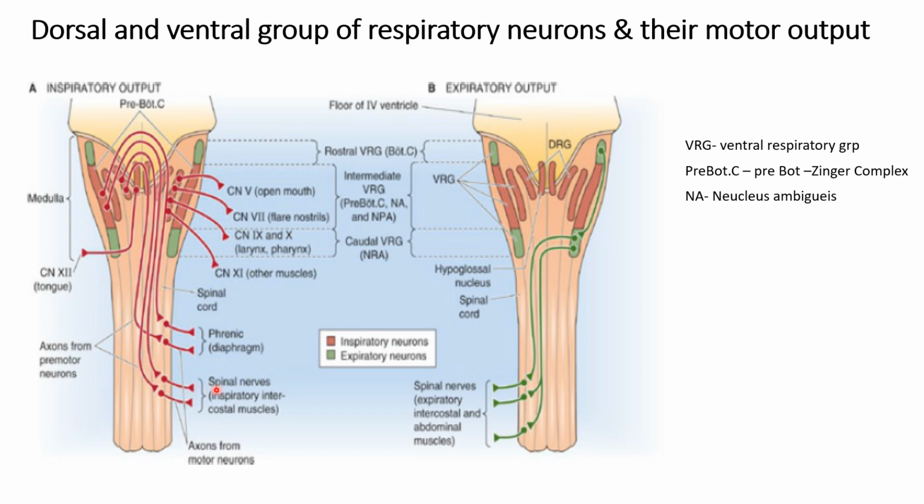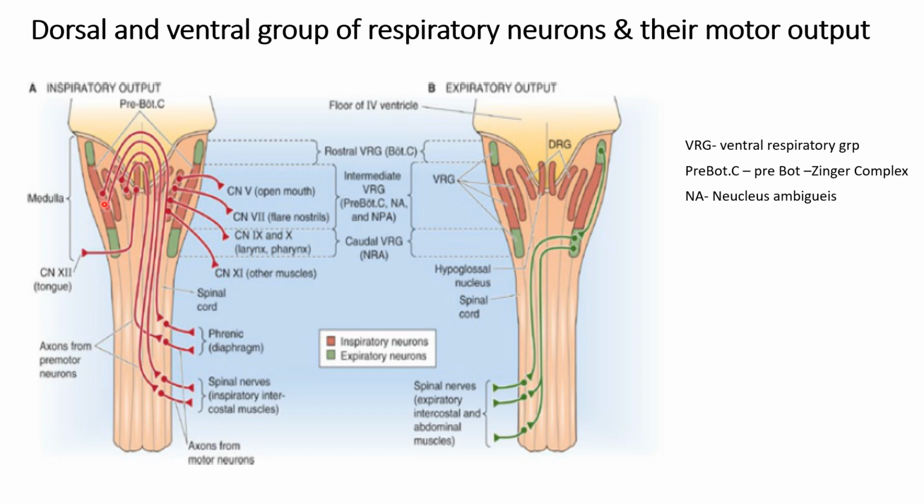Also the spinal nerves supply the inspiratory intercostal muscles, meaning the external intercostal muscles. The phrenic nerve actually arises from C3 to C5 of the spinal cord, but these mainly get information from the ventral respiratory group of neurons, which is present between the Botzinger complex and the lower one.